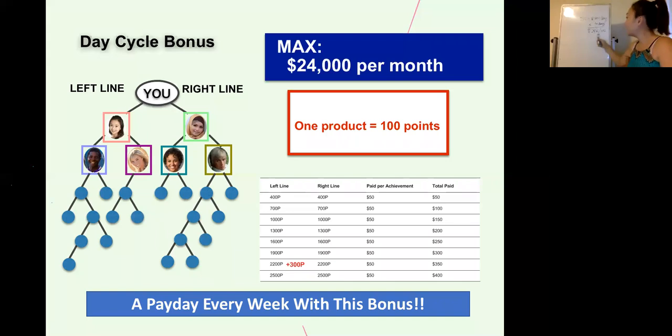That's why we hear that we can earn day cycle bonus up to $24,000 per month when we're meeting 2 full cycles every day. Okay?